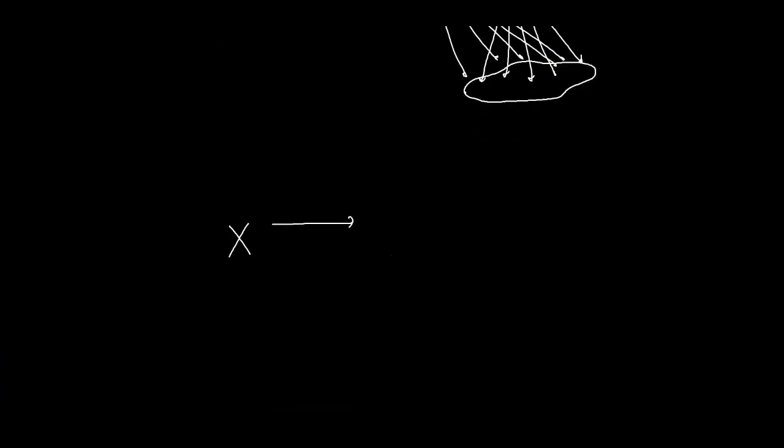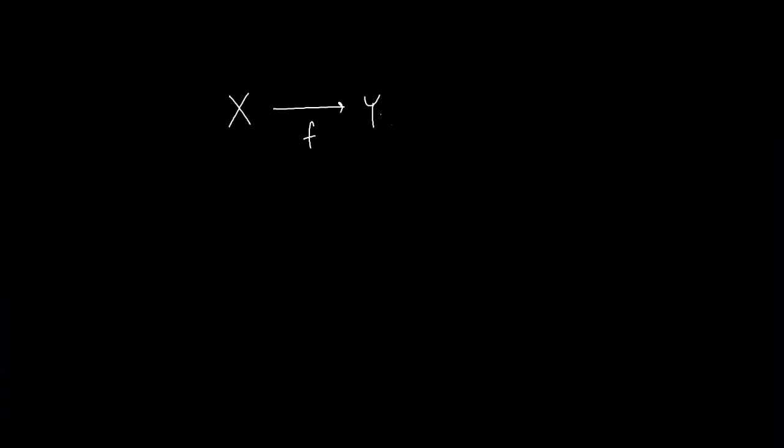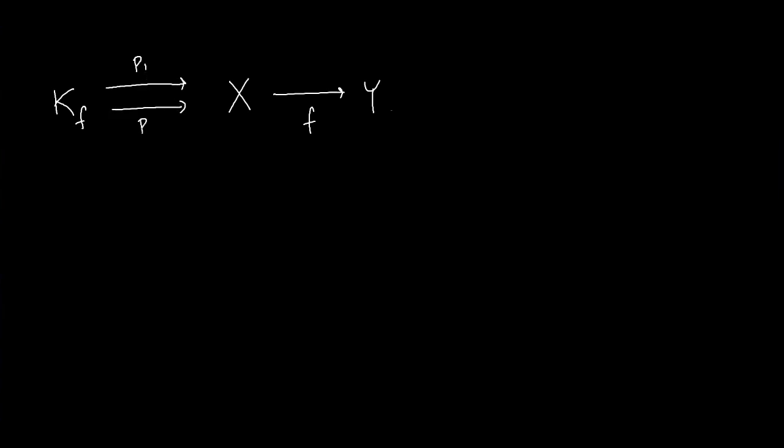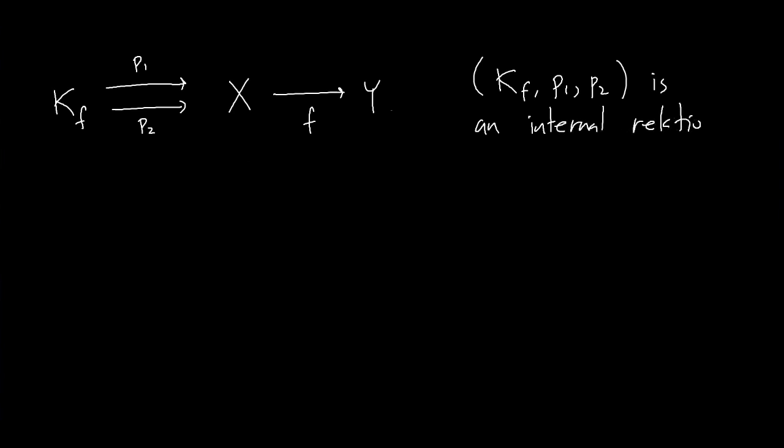So if I have F here, I've got KF, and I've got these P1 and P2. This triple, KF, P1 and P2, is an internal relation. But moreover, it's actually an equivalence relation.